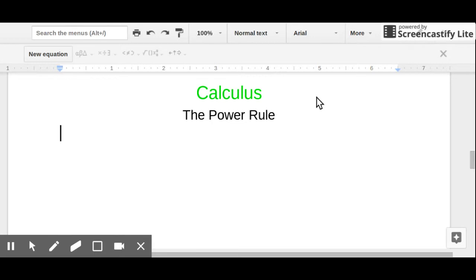We're looking at the power rule that follows under differentiation. Let's look at this one here.